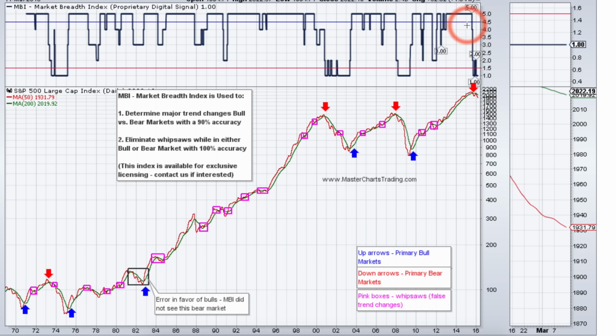Once the inputs for this indicator flip into the bull market, this index will go above this blue line, and at that point I'll say, okay, definitely we're now in a bull market. Now, as of Friday's close, I don't think we're there yet.